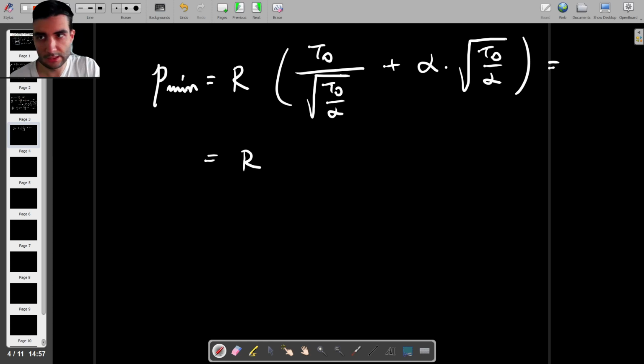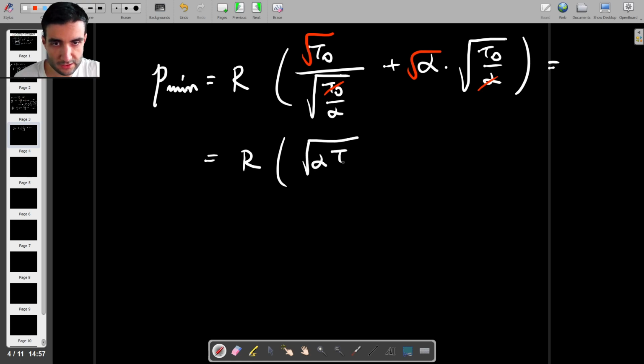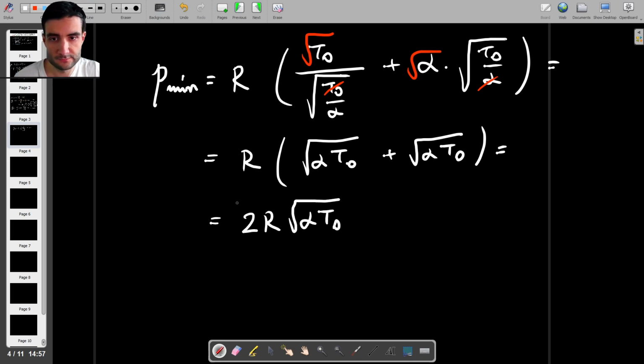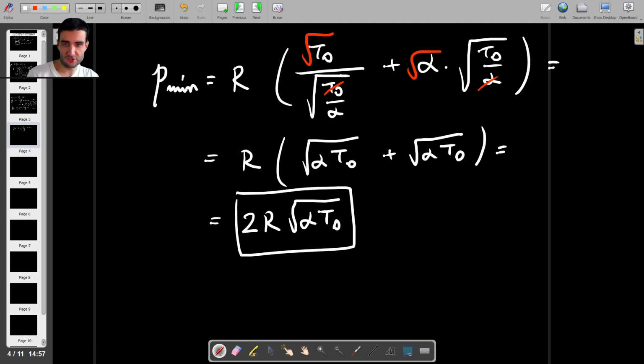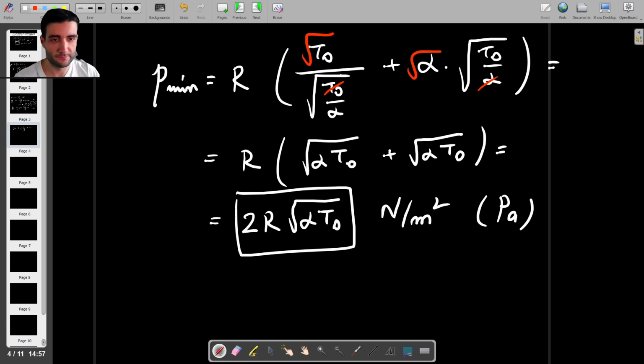We can cancel like that, and we have R times the square root of alpha T0 plus the square root of alpha T0, which gives us 2R times the square root of alpha T0. If you actually knew what alpha and T0 were, you could find the value of the pressure, and of course it's going to be in newtons per meter squared, in pascals.